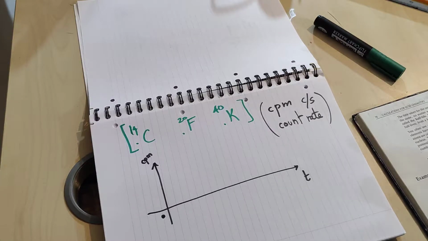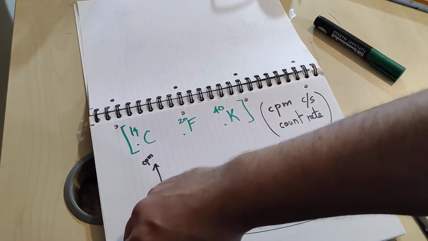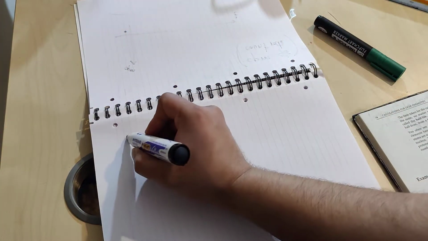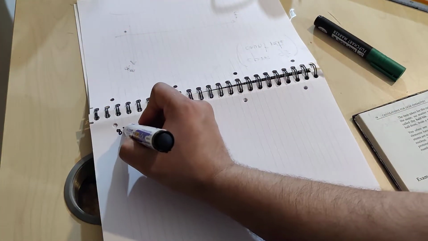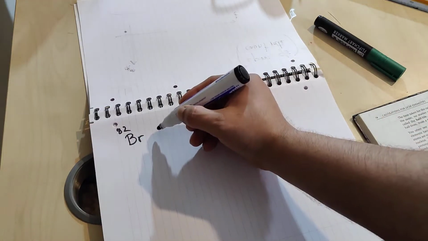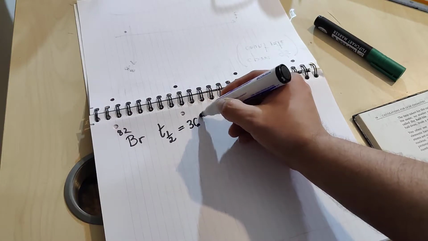So the first question I'm moving to is the half-life of bromine-82. Let me move to a new page. The half-life of bromine-82 is 36 hours. So the effective half-life is 36 hours.